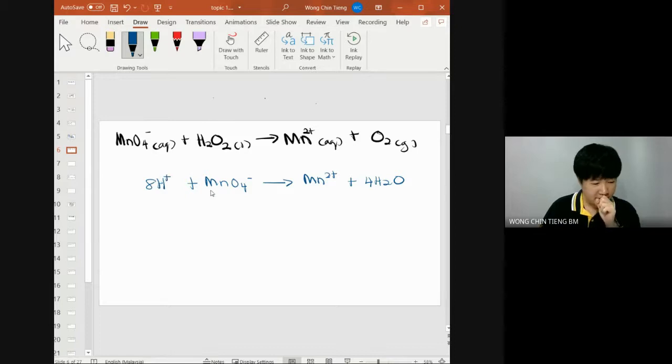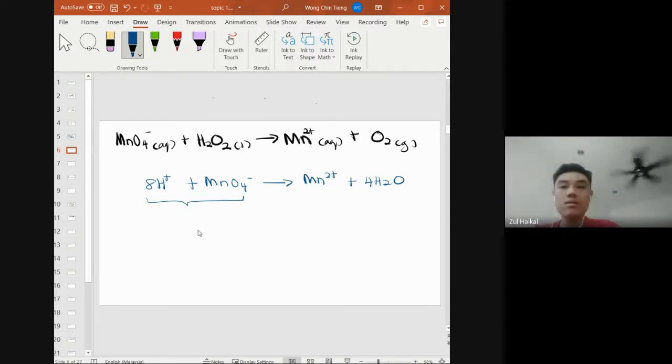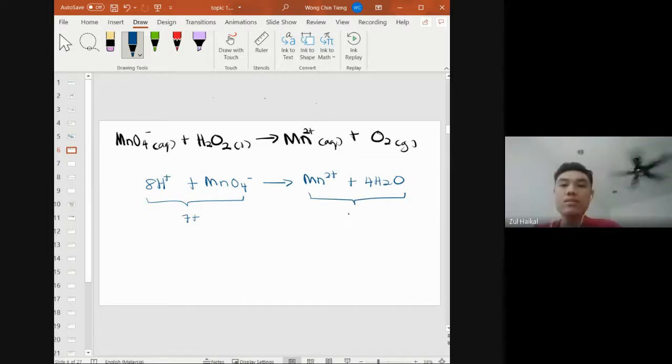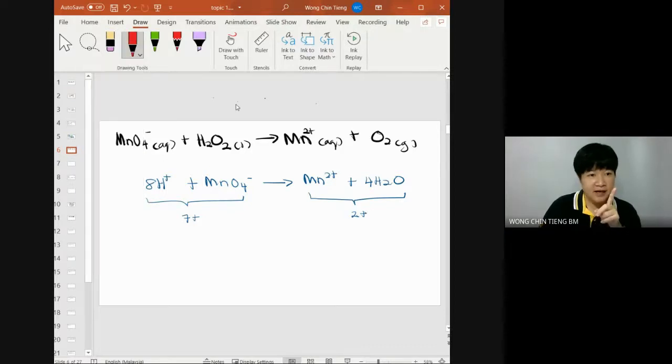And then, important question. What is the total charge on the left? Plus 7. 7 plus. Kat sini saya tak kisah sangat how you write it. Okay? And Zul also, total charge on the right. 2 plus. 2 plus. Alright. But the first thing that I want to check over here adalah you have 8 positive because of 8H plus.